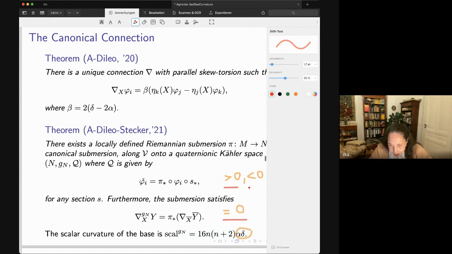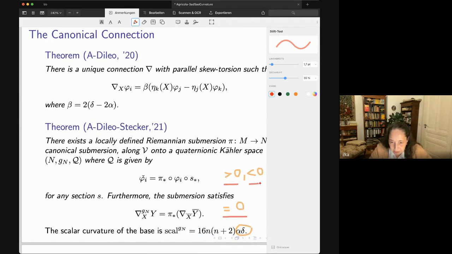And finally, last situation, we have here this negative case. So alpha times delta negative. So what quaternionic Kähler spaces with negative scalar curvature do you know? Well, the symmetric partners of the Wolf spaces, and then all this bunch of new constructions of Alekseevsky and Cortés.